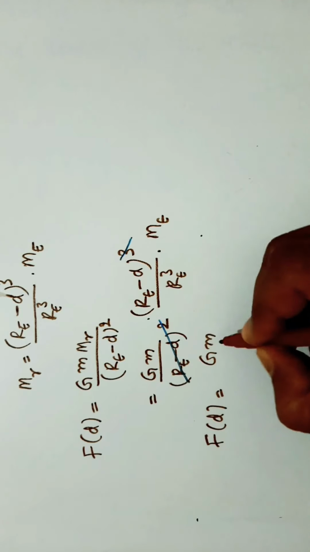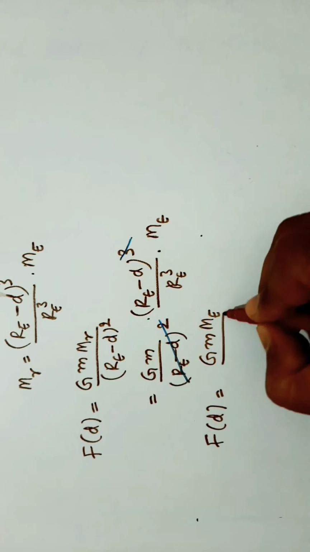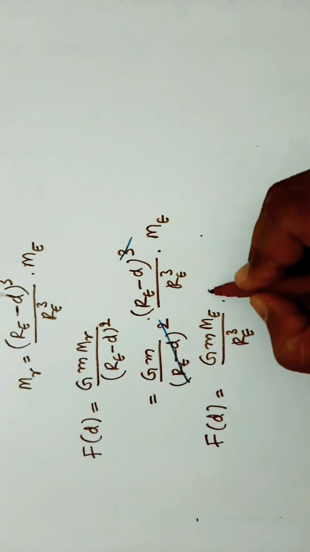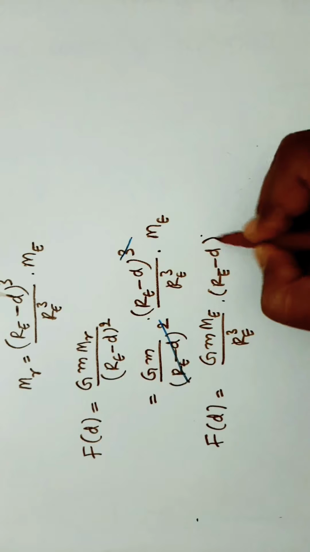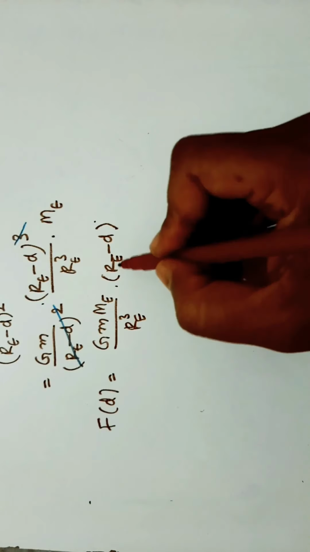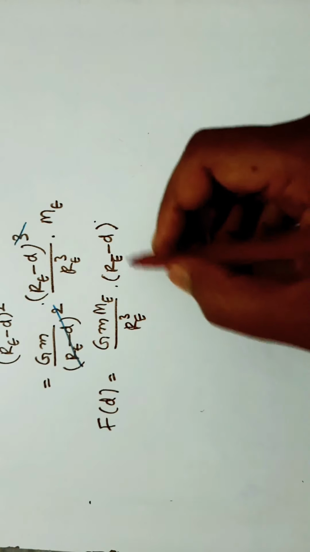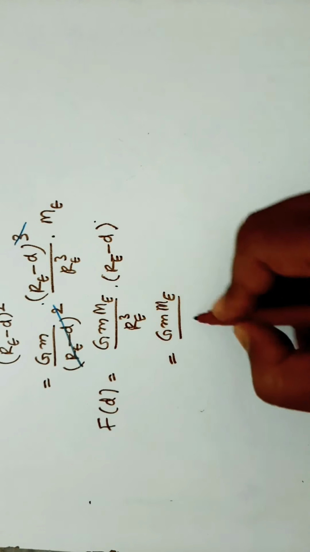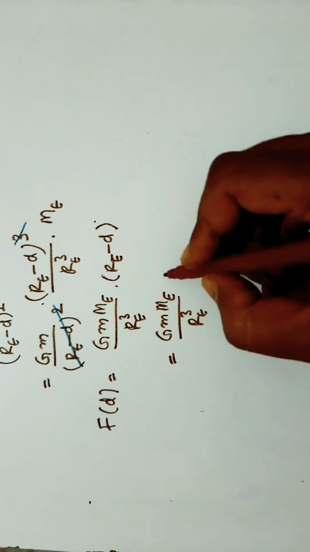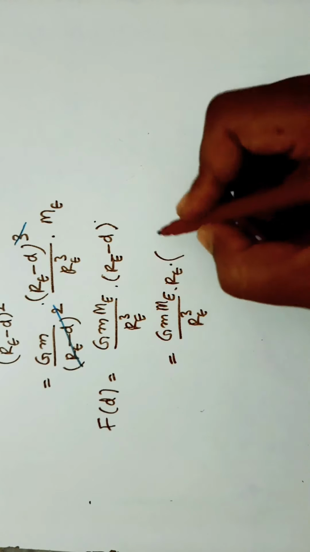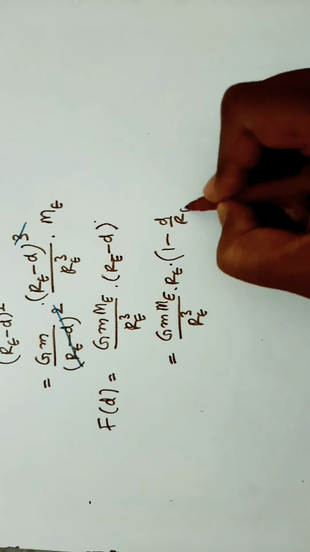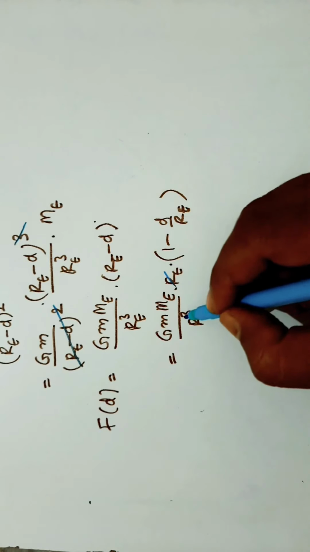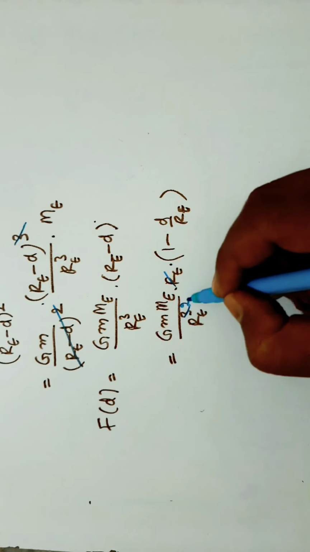That is G m ME by RE cube into (RE minus D). Take all RE common. So that is G m ME by RE square, RE cube into RE, so here 1 minus D by RE. RE, 1 RE cancel. So remaining is 2.